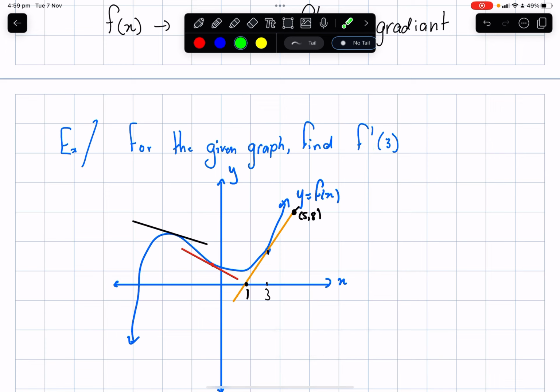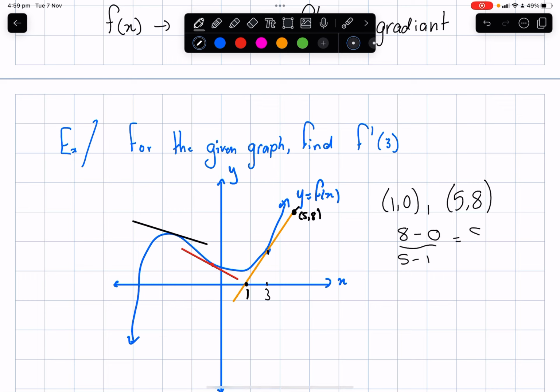Now x equals 3 is here, so I've drawn in a tangent. We need to pick 2 points. I've got 1 and 0, so that's the point down here. And I've been given the point 5 and 8. Now, gradient of a straight line, super duper easy. y2 take y1 over x2 take x1, 8 on 4, which is 2.